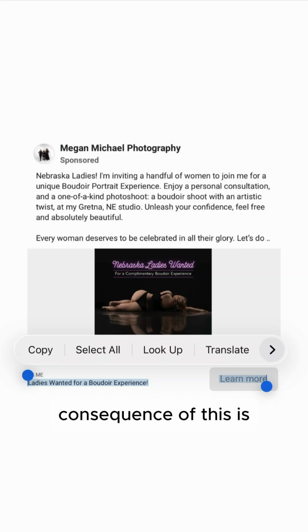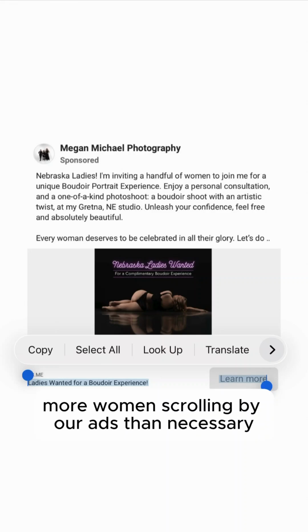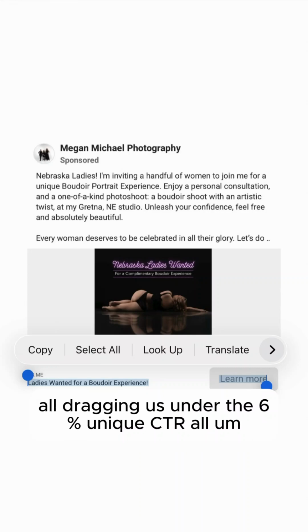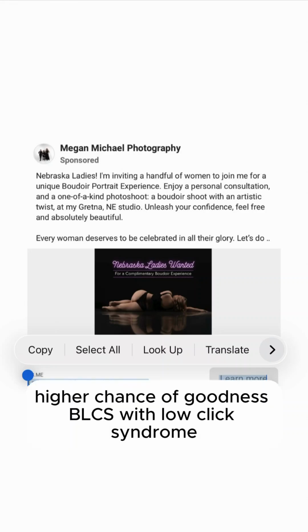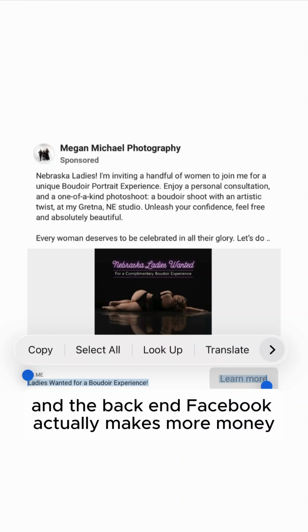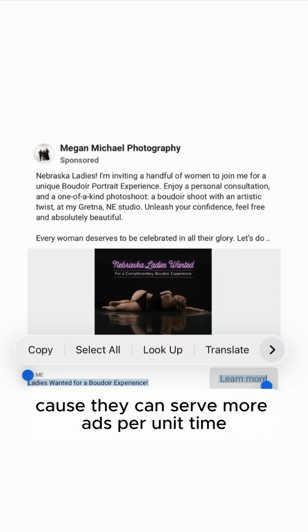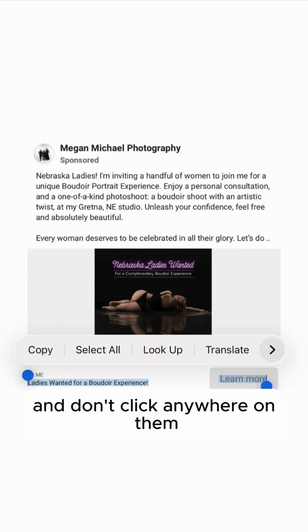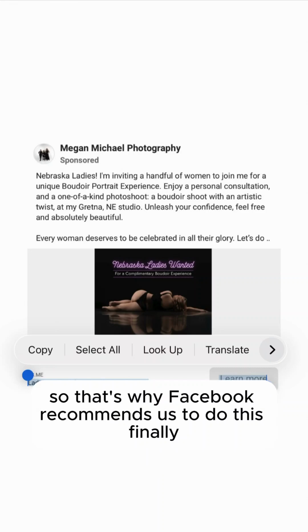The consequence of this is more women scrolling by our ads than necessary, lowering unique CTRL, dragging us under the 6% unique CTRL, higher chance of giving us BLCS, Boudoir low-click syndrome. And on the back end, Facebook actually makes more money because they can serve more ads per unit time, the more women that scroll by our ads and don't click anywhere on them. So that's why Facebook recommends us to do this.